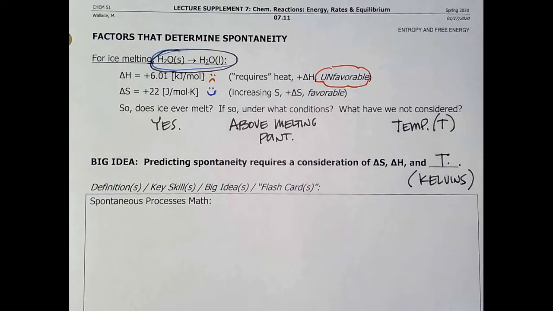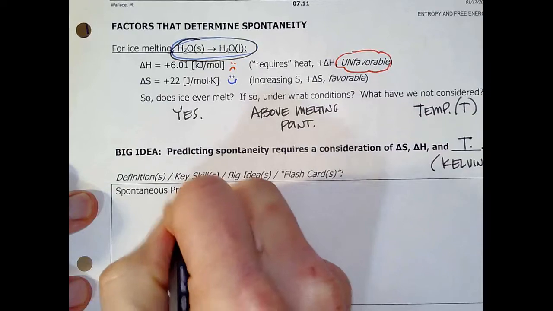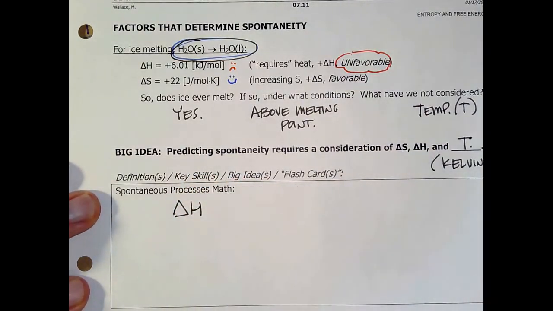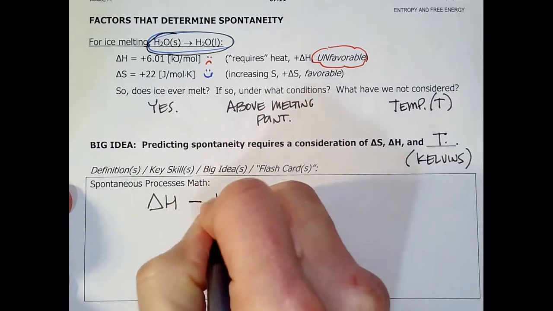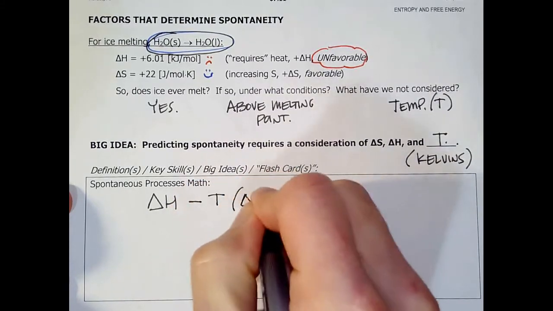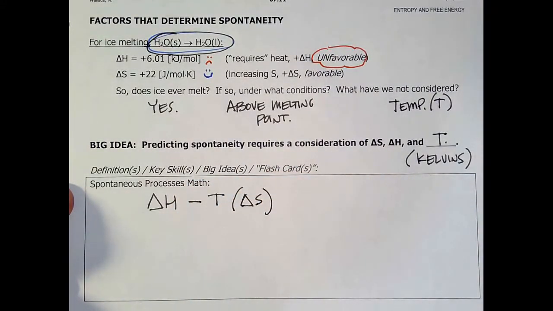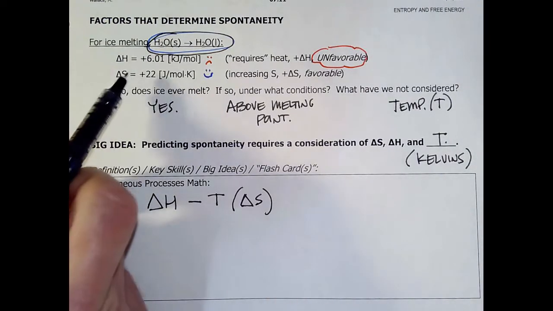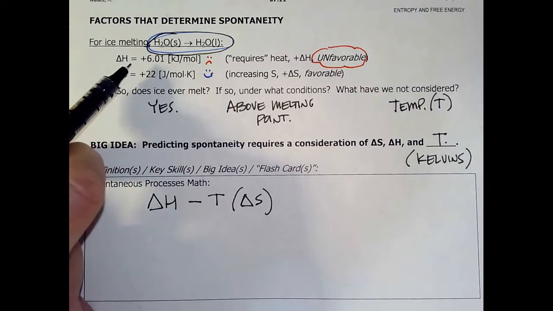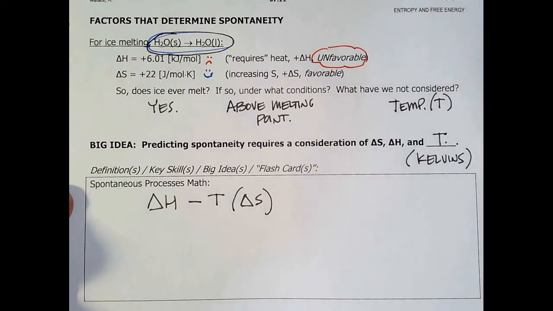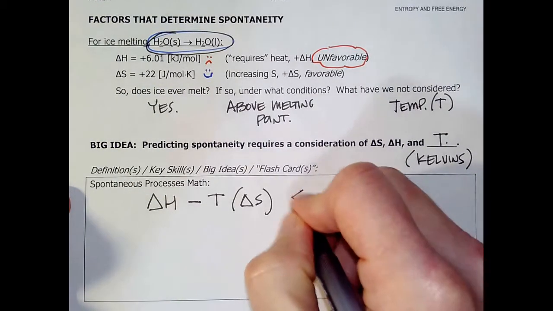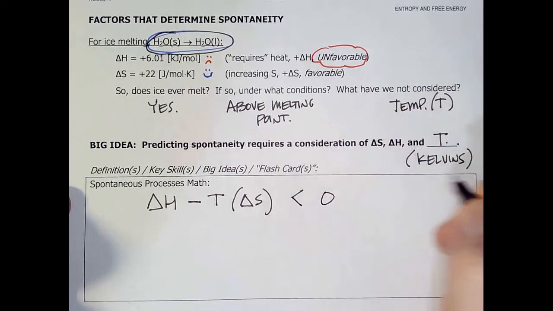So here's what it turns out. It turns delta H, the change in enthalpy, minus the temperature times the change in entropy. And we can look these numbers up. They're right there. 6 kilojoules per mole, 22 joules per mole. If that calculation is less than 0, we say it's spontaneous.